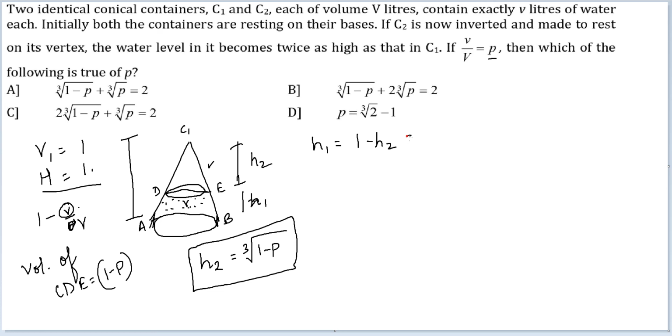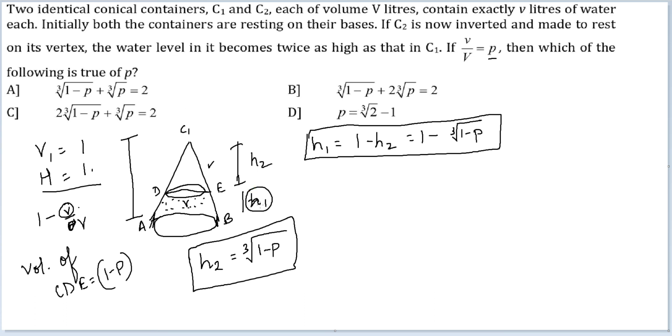So 1 minus H2 or 1 minus cube root of 1 minus P. Why we are going down this route is, in order to reach a singular term in terms of P, I need to find P and something else in an equation, and I have been told this height H1, in the second cone this gets doubled. So the best way forward would be to link H1 with P somehow.